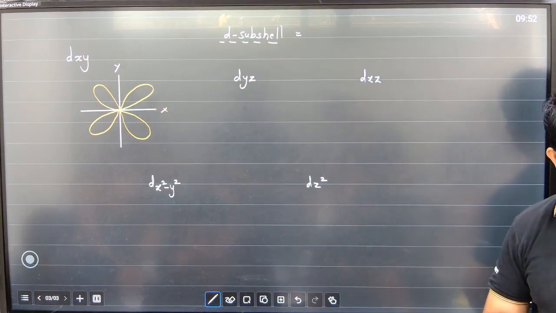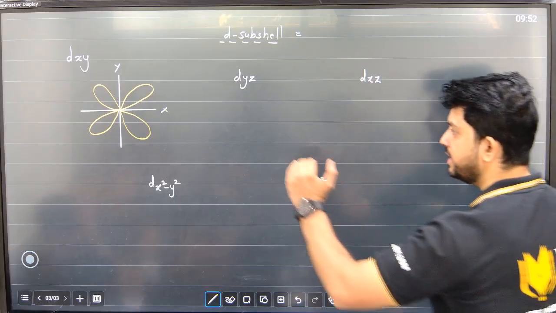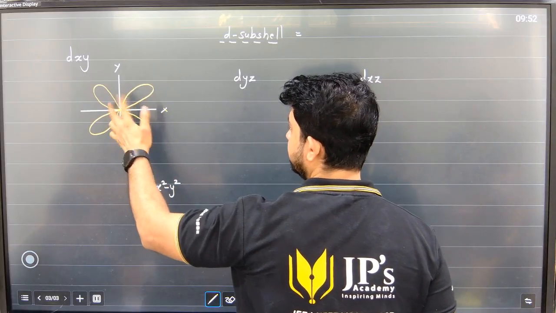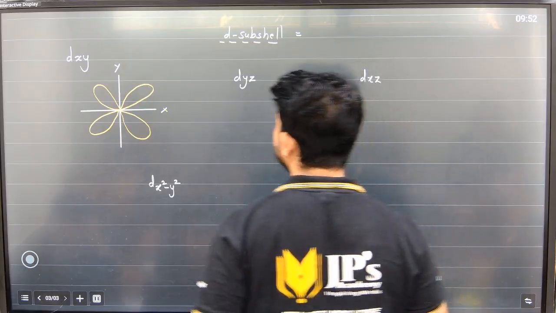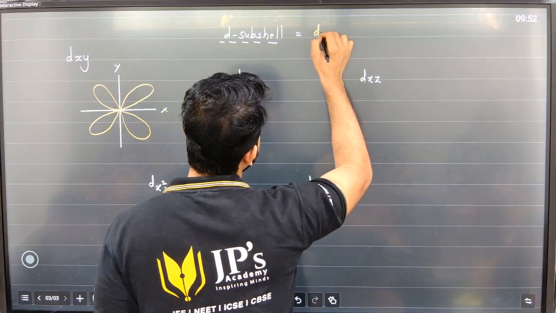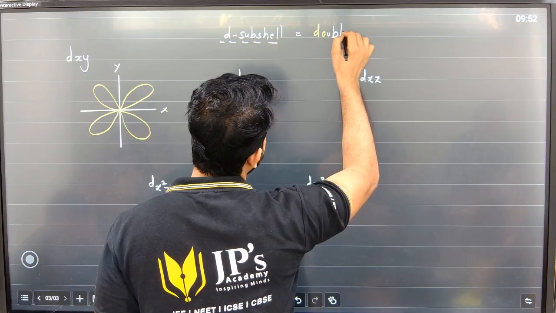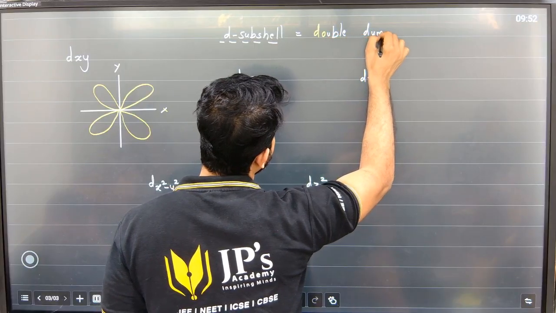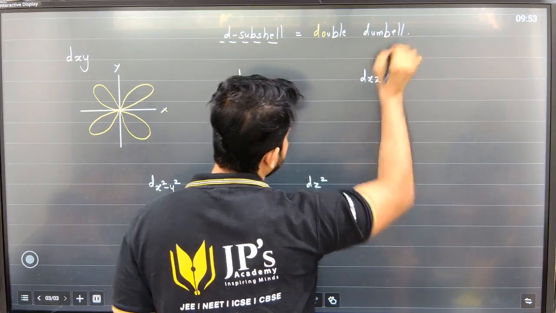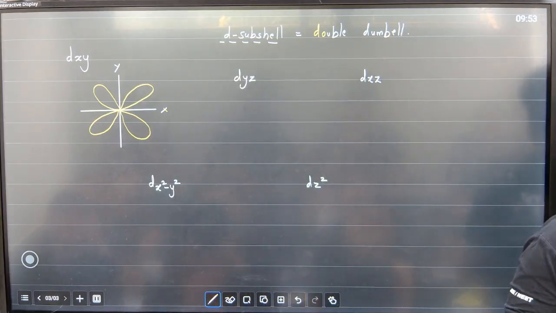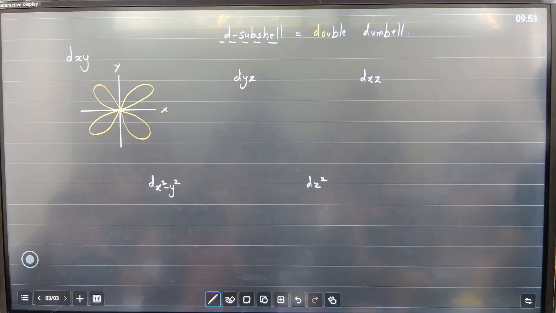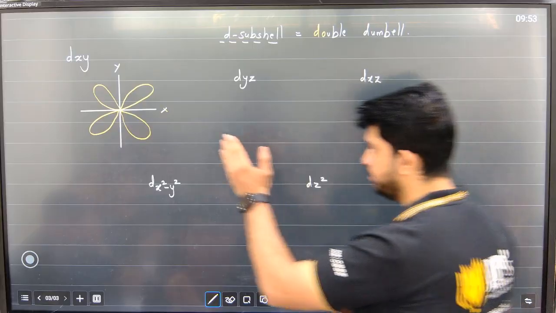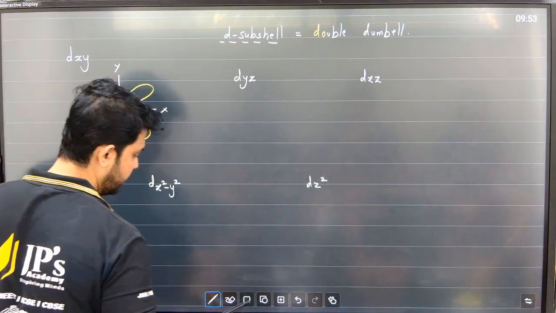Same lobes, but they are in between the axis. And since there are two lobes each, the shape is called double dumbbell. Okay? This is xy because it's along the x-axis and y-axis.